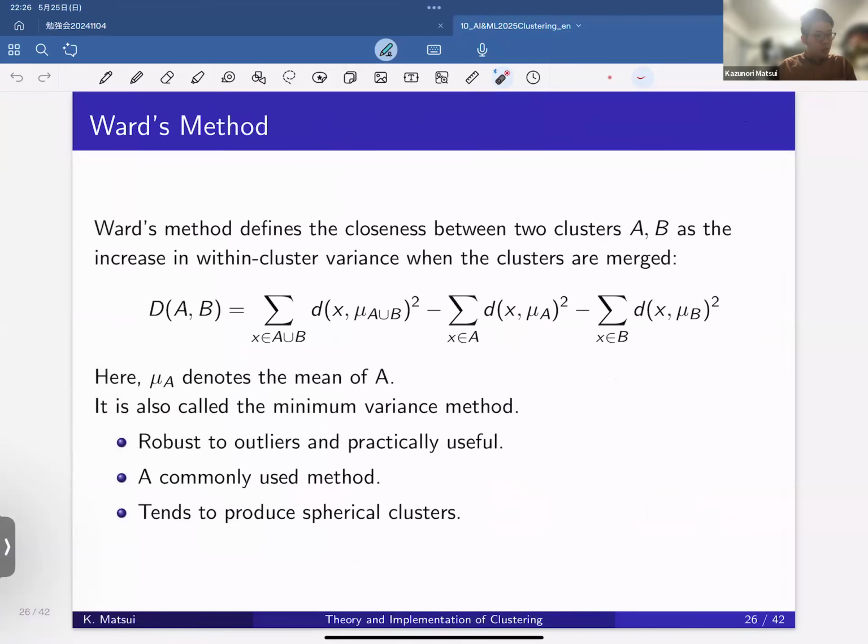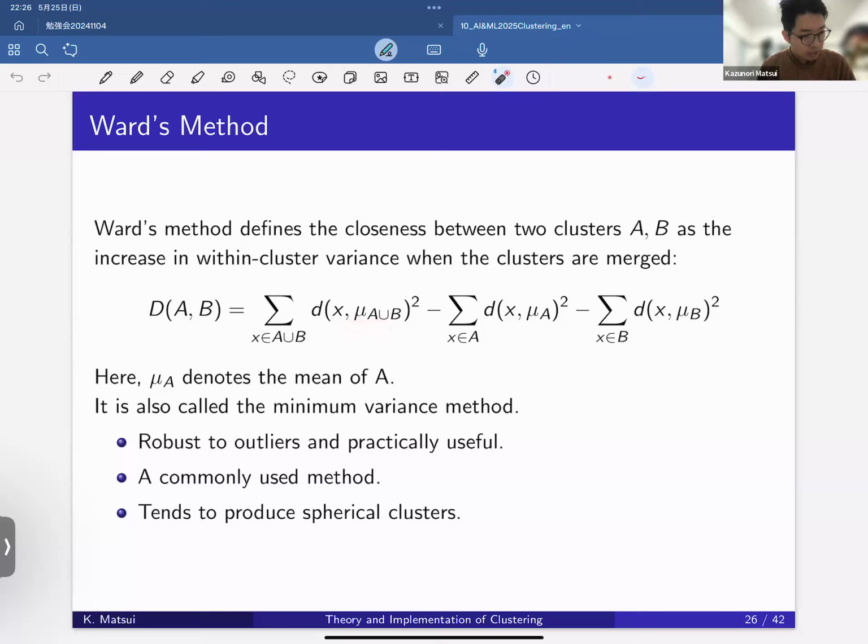Next is Ward's method. Ward's method defines the closeness between two clusters A and B as the increase in within-cluster variance when the clusters are merged. This mu is the mean of the cluster.